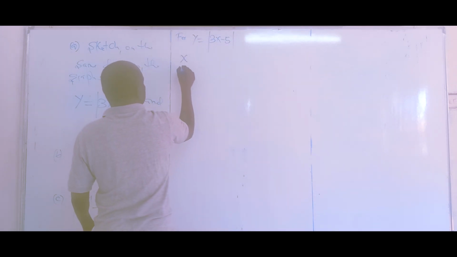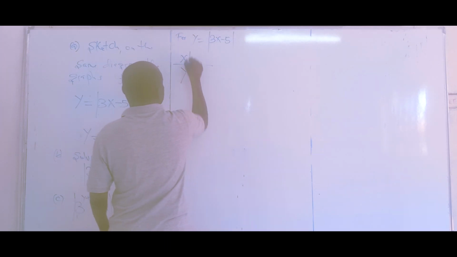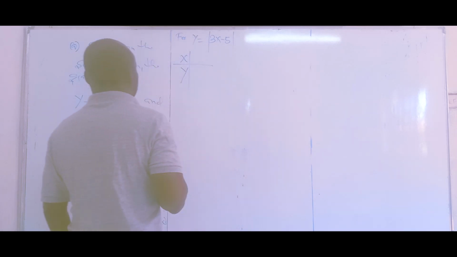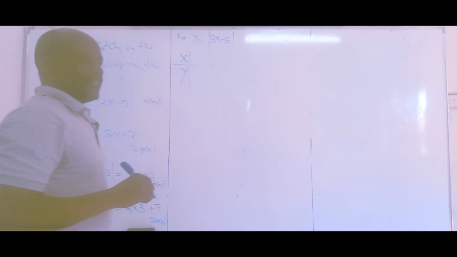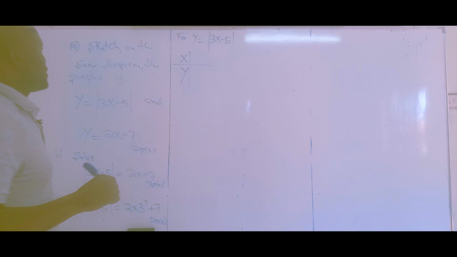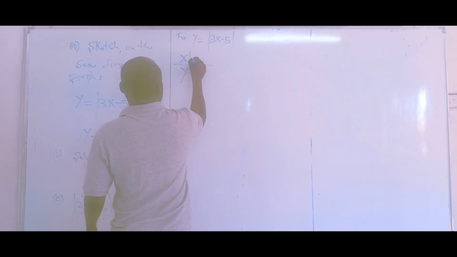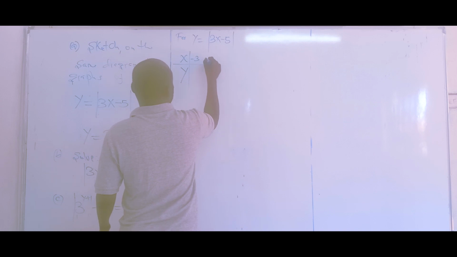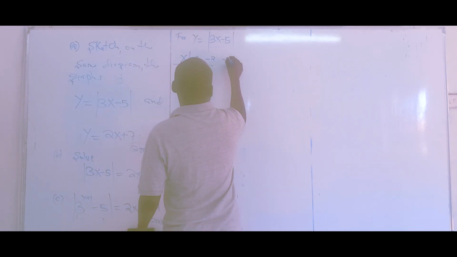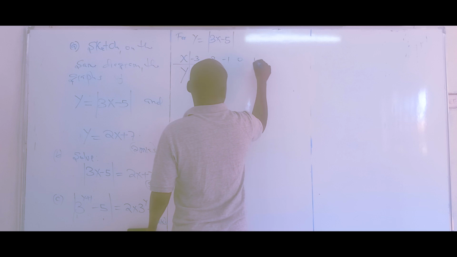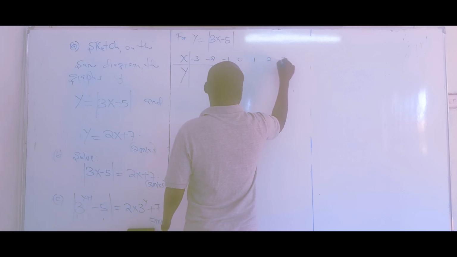I will have this particular grid, x and y, and I want to start with the negative values of x. So I will start from minus 3 to positive 3. So x minus 3, minus 2, minus 1, 0, 1, 2, 3.